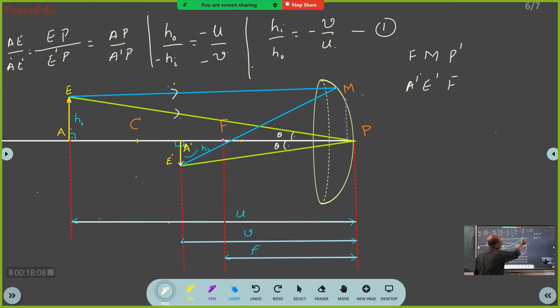And then F, M, P dash, this triangle. Can you see? Yes, sir. Now, these two angles are equal. Correct? And this angle is 90 and this angle is 90. So, two angles are equal. So, it becomes what? Similar. How is this? Which? Angle.